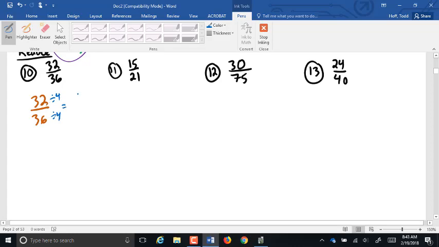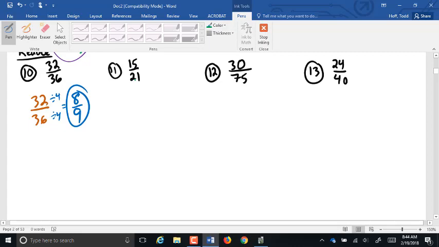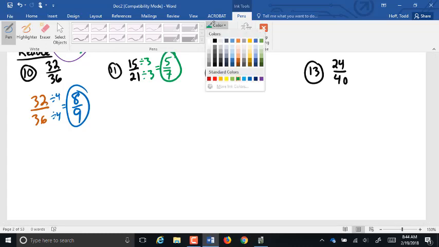What's 32 divided by 4? 8, and 36 divided by 4? 9. 8/9 is as small as we can go. 15 and 21 can both be divided by 3. 15 divided by 3 is 5. 21 divided by 3? 7. And both of those are prime, so can't divide by anything else.